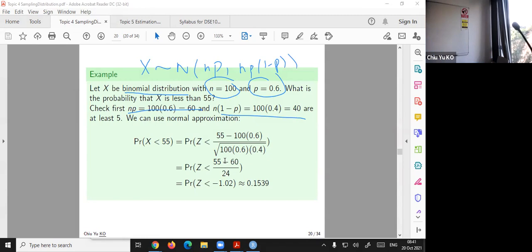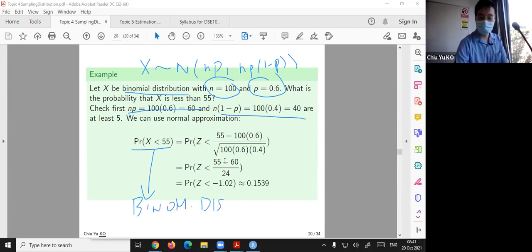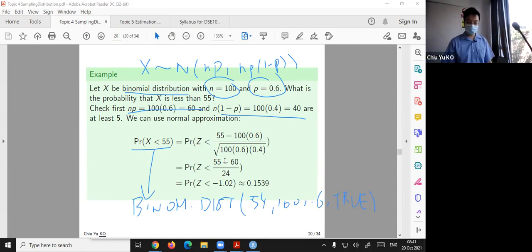But of course you can actually check this by using Excel, right? Because this is just a binomial, 5400, 0.6, true. So let me show you in the Excel.